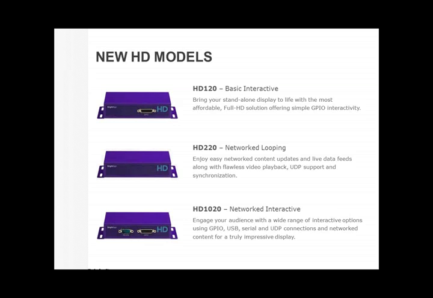It has GPIO, which stands for General Purpose I/O. GPIO is the oldest method of interactivity. This is simple contact closure for detecting a button that's been pressed, or a switch has been closed, or a relay has been opened or shut. The player can detect those events and can act accordingly.